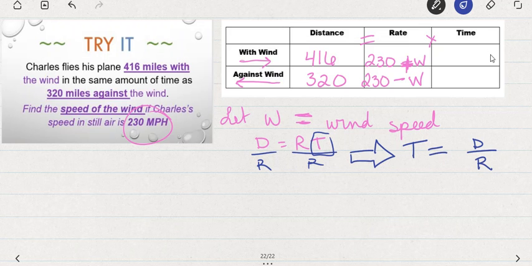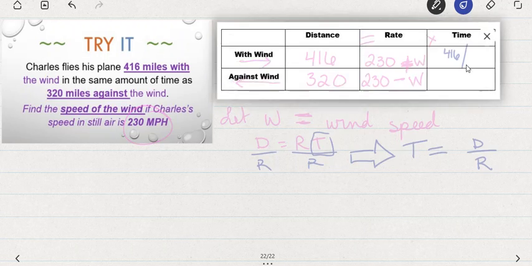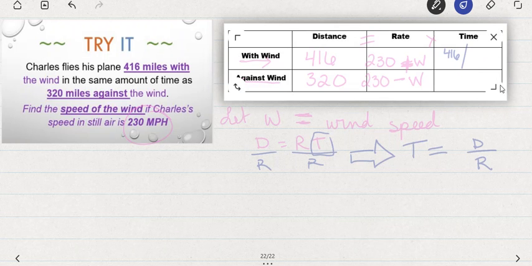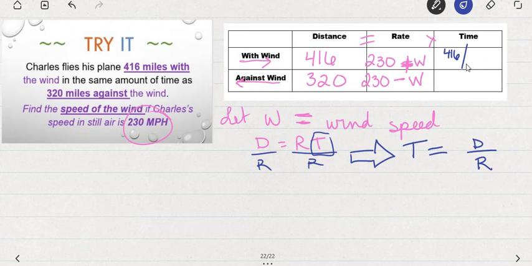So the time with wind is going to be 416 divided by the rate. And the time against the wind is going to be 320 divided by the rate.